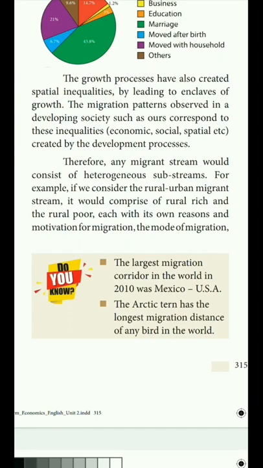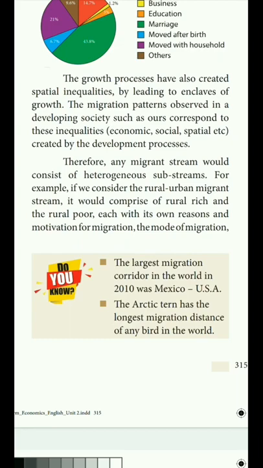So, the growth process has also created spatial inequality. It is not equal. They are not equally divided. There is an inequality, thereby leading to enclaves of growth. So, what are those? Economic, social and spatial.